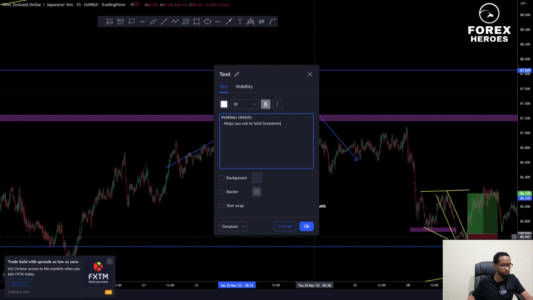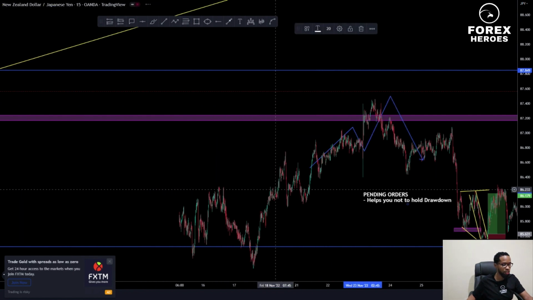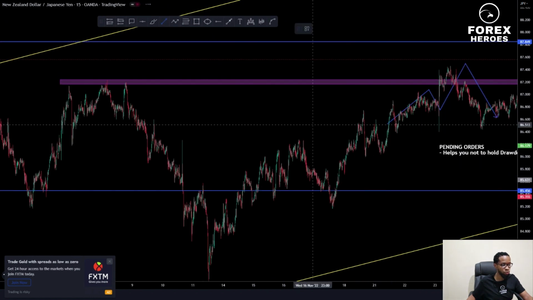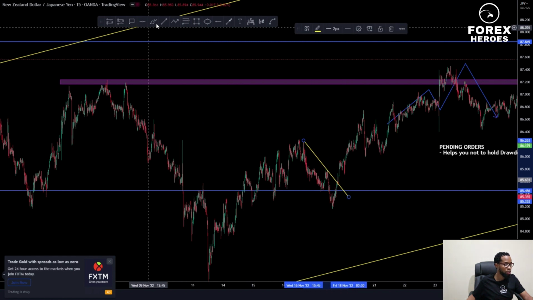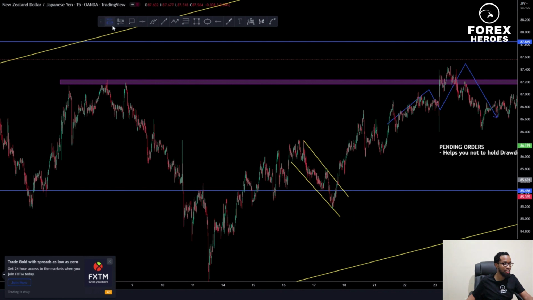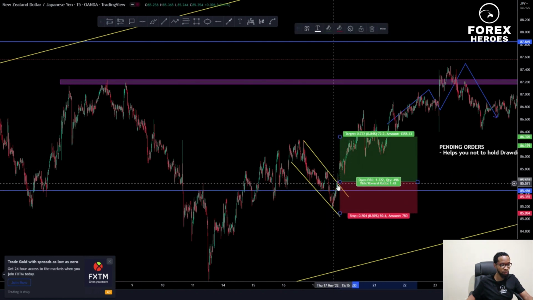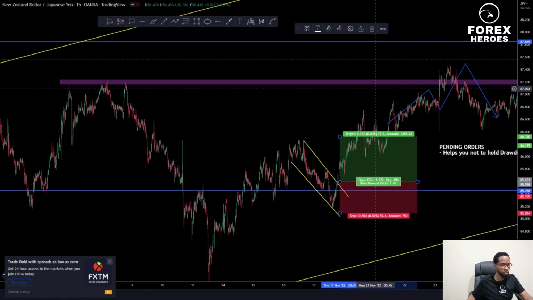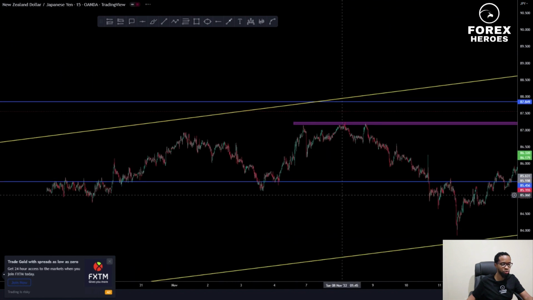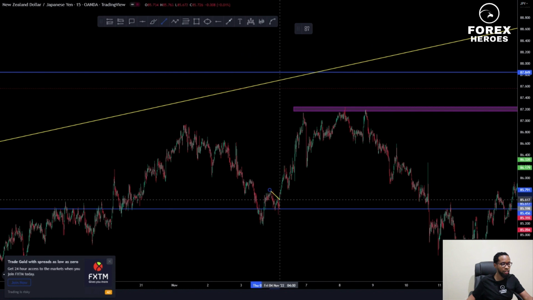Okay, so the pending orders are very helpful and also assist you to be in the trade when it moves. Look, so you're not going to be in a trade until it decides to move. When the market decides to push, it pushes. So pending orders will assist you in getting the impulse moves.